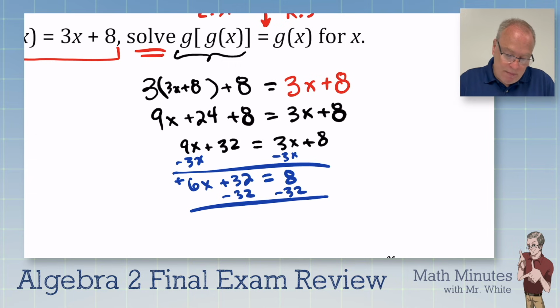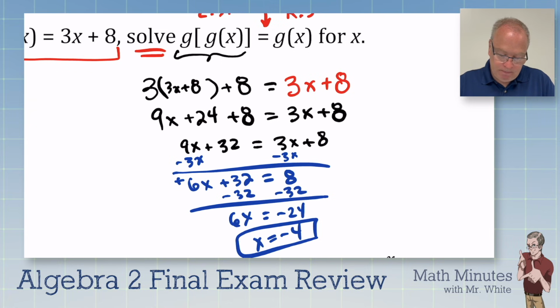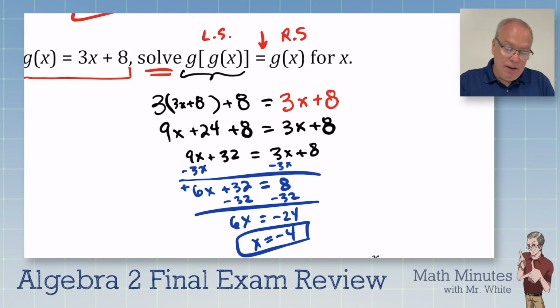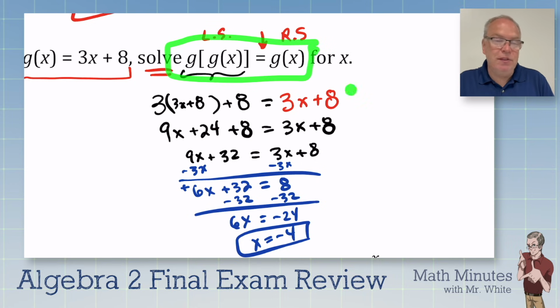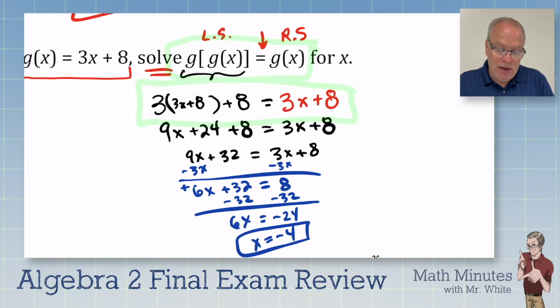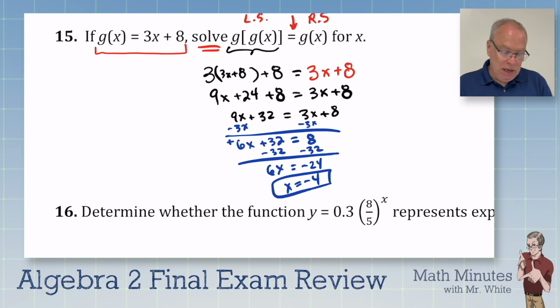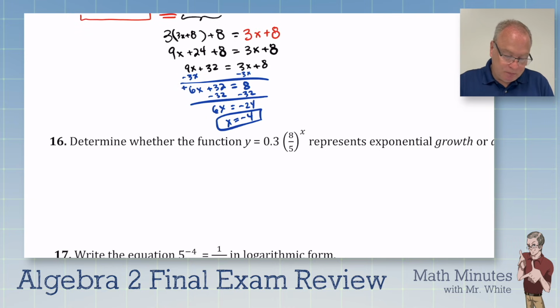Subtract 32 on both sides, and I get negative 24 equals 6x. x equals negative 4. So there's our answer. We solved the equation, but we had to really decrypt what this meant. We had to write the equation that was written in the question. That's a good question. I like that one.